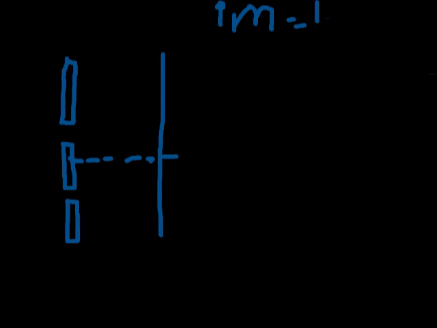If the path length difference differs by two wavelengths, m would be 2. So every time the path length difference differs by one whole wavelength, they constructively interfere.